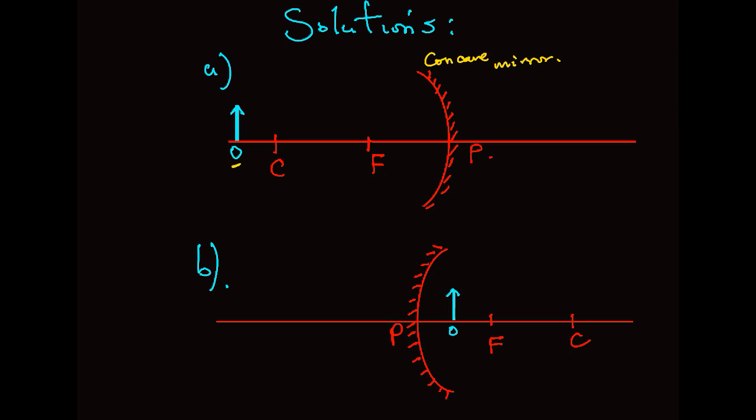So number 1, we will take a ray that is parallel to the principal axis and passes through the tip of the object. Such a ray will be reflected to pass through F after reflection. So that is the ray parallel to the principal axis.